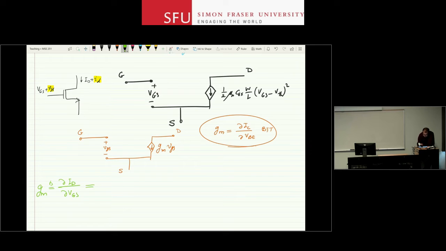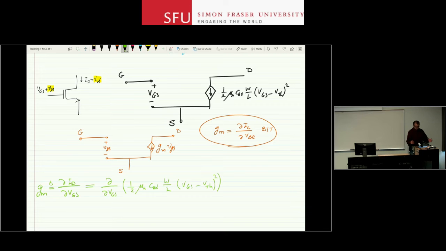The transconductance for a MOSFET, therefore, is going to be, well, I'm going to take the derivative of this expression, so 1/2 mu n C oxide W over L (VGS minus VTH) squared with respect to VGS, and see what happens.